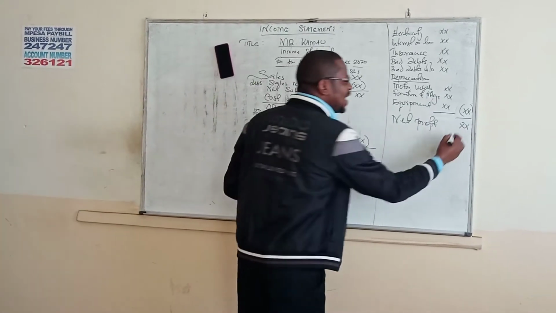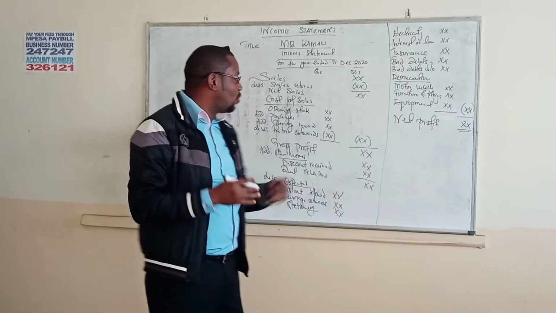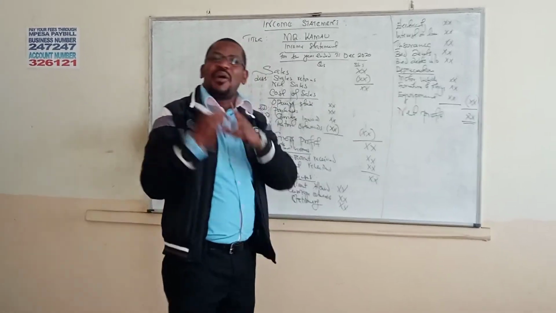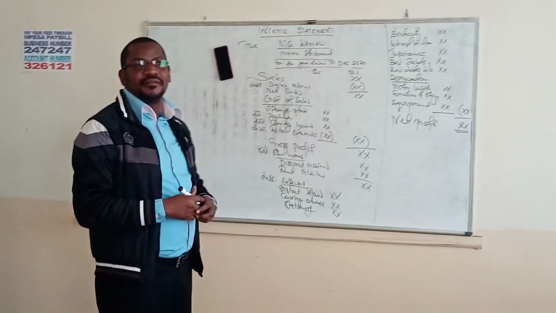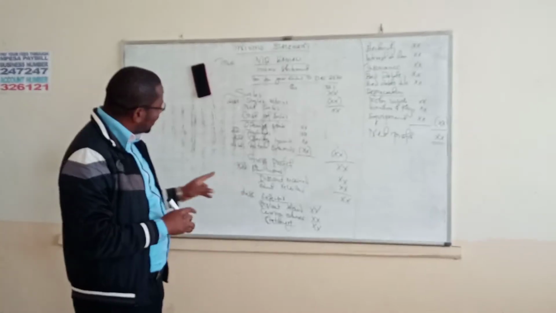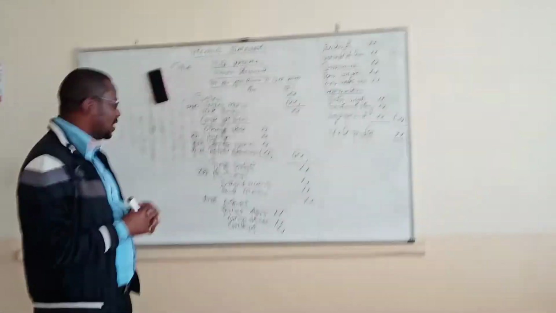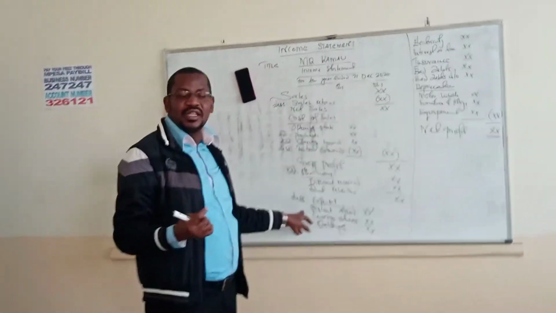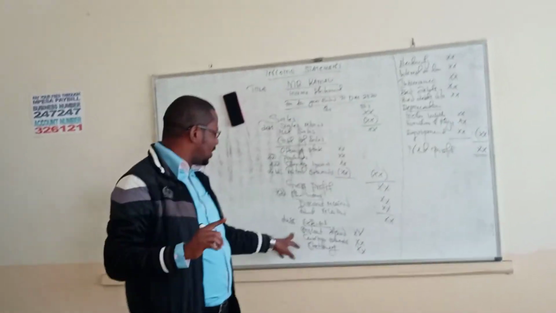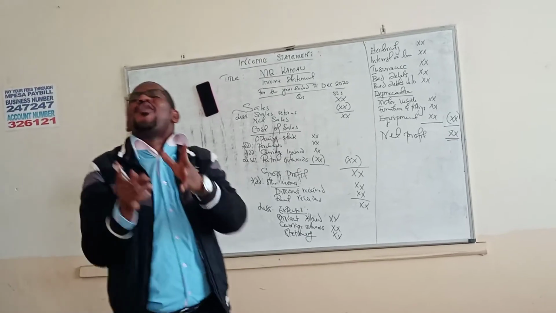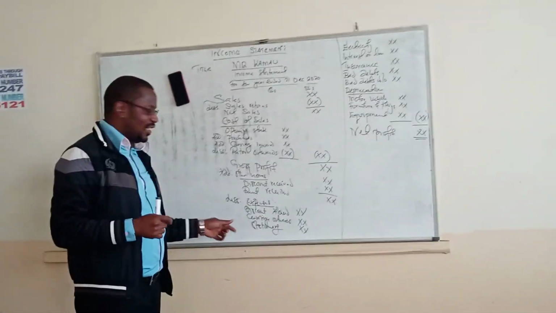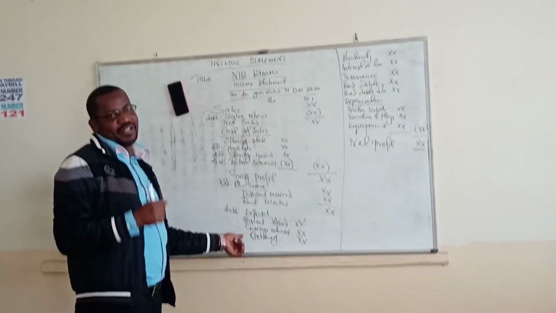And if it is negative, then it is a net loss, whereby this value will be taken to our balance sheet. Now, I have not factored in some of these adjustments because either an expense is accruing, owing, outstanding, and so on. If an expense is owing, outstanding, or accruing, we add to that expense.